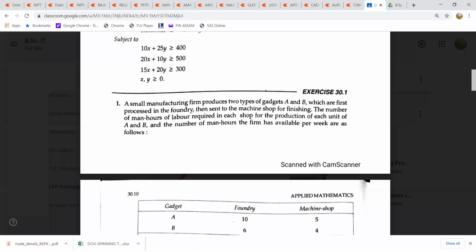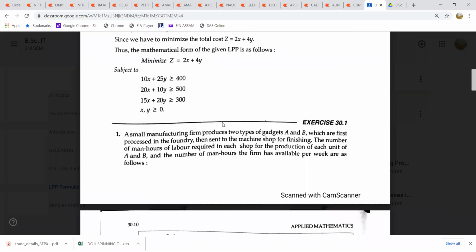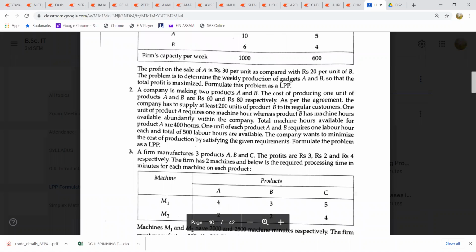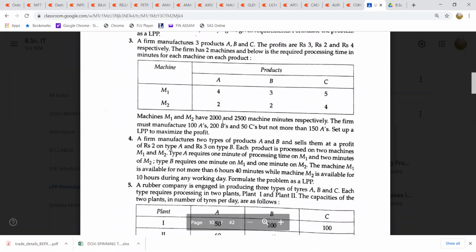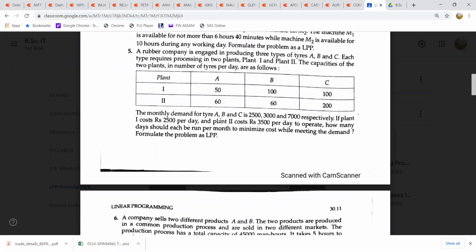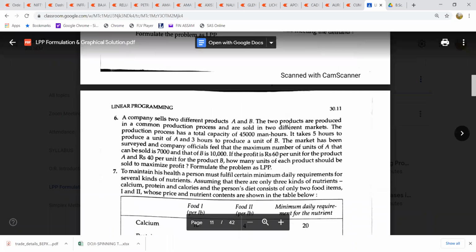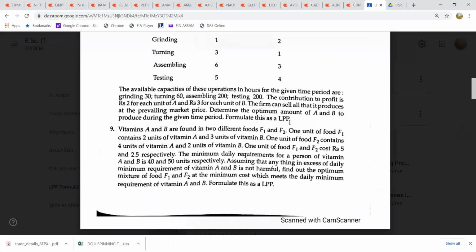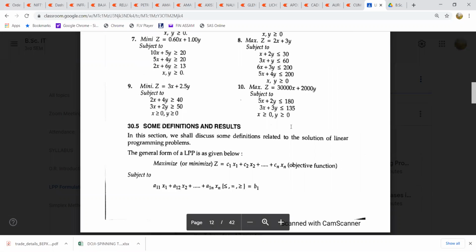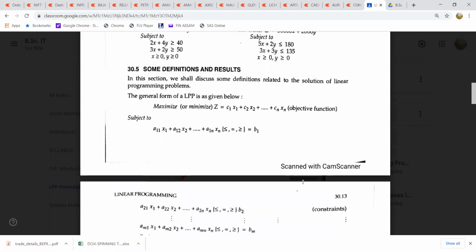I will give you the link. Also go through all the exercises. Once you are able to formulate the LPP, the solution part using the graphical method becomes very easy. The solution part I will discuss in the next class.